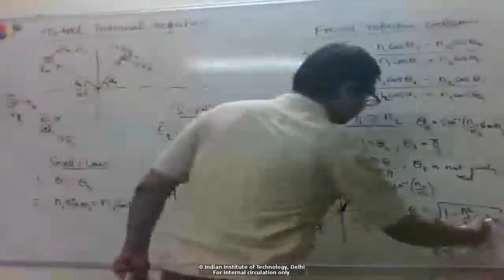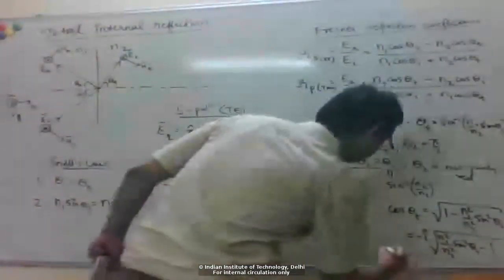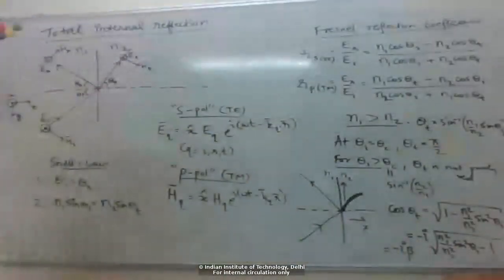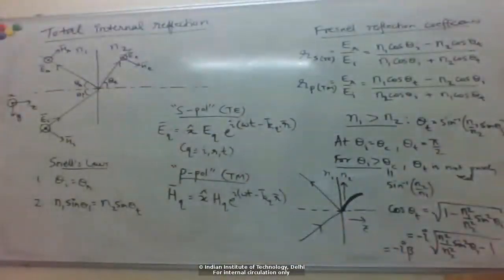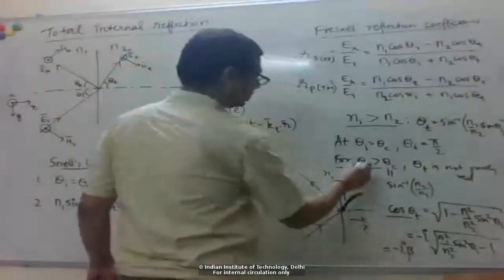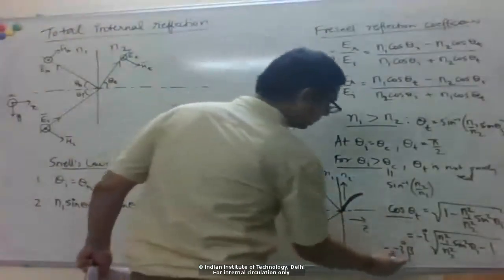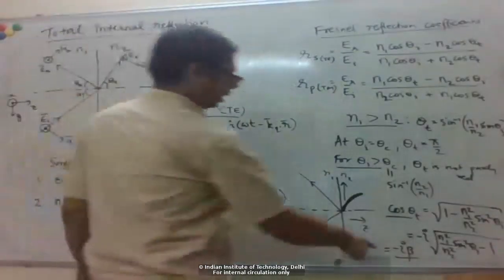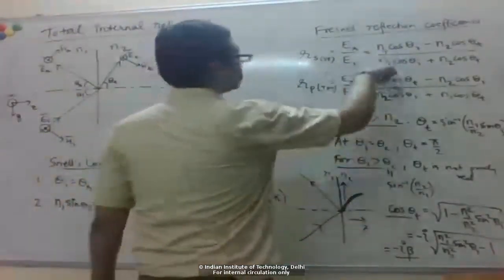Now this thing under the square root is a real number, so I can write this as some minus I beta. So now cosine theta t for angle of incidence greater than the critical angle is some purely imaginary number, right? And now I can plug this into the reflection coefficients here.